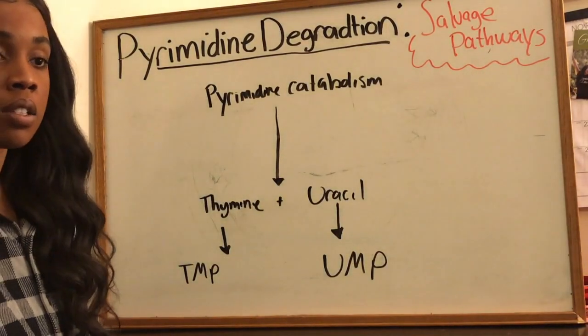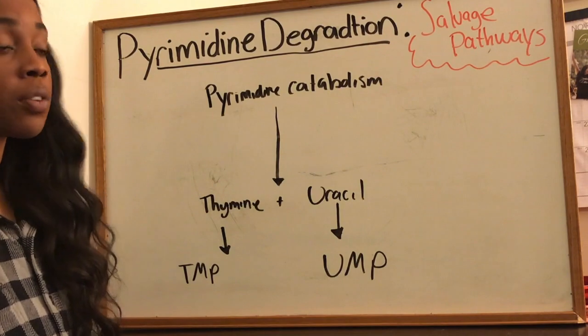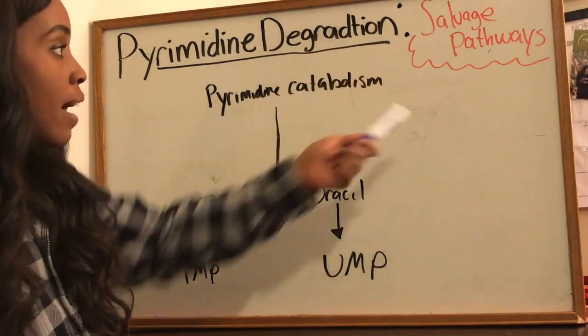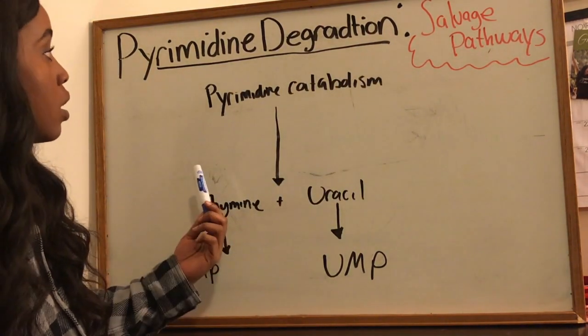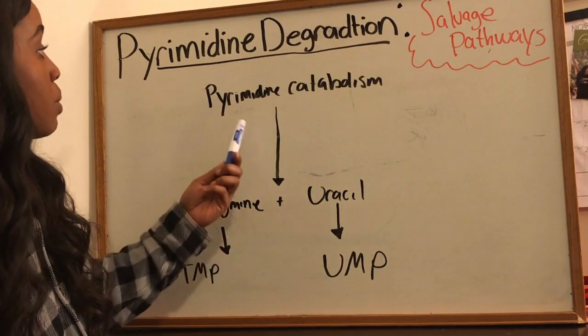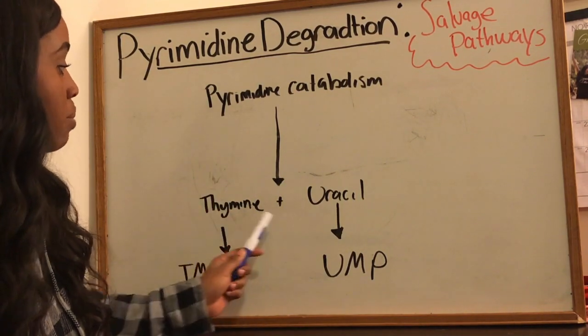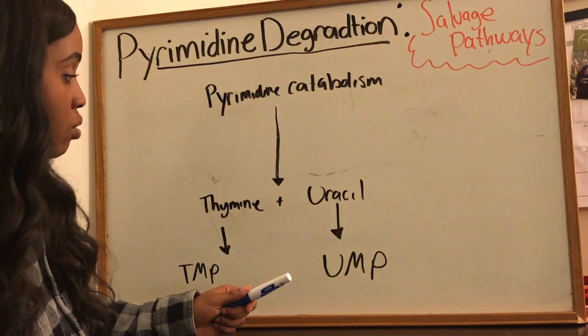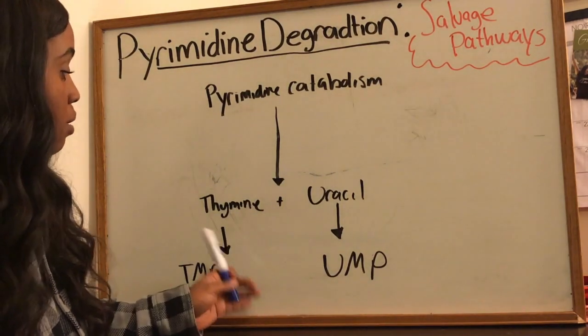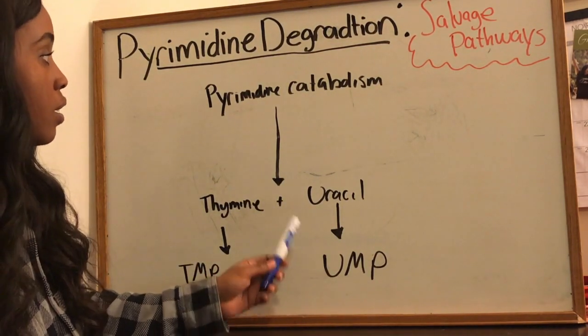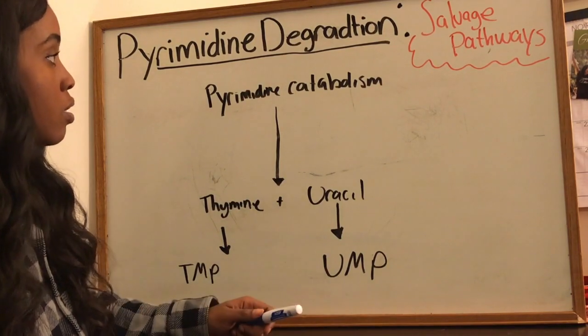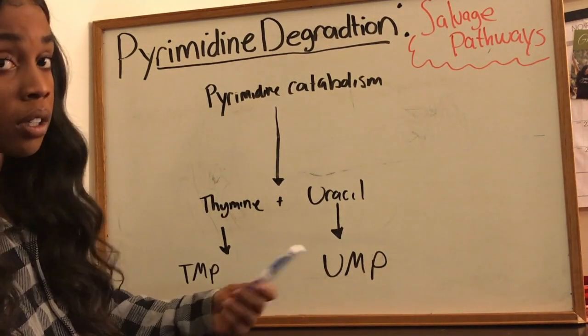So another thing that is similar to the degradation of purines is the salvage pathways. And just like we saw in purines, pyrimidine degradation can use the free bases of the nucleotides to recycle and make more nucleotides instead of further breaking them down to form ammonium or urea.